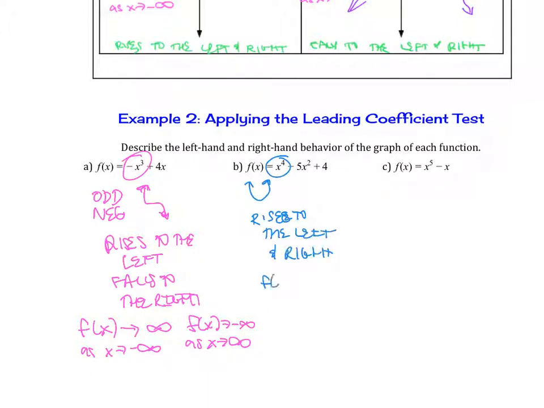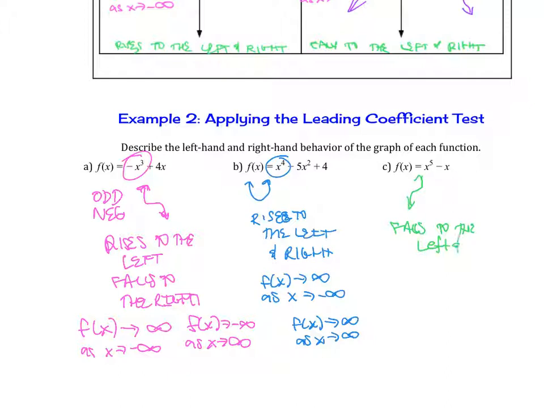Or we can say that f of x approaches infinity as x approaches negative infinity, and f of x still approaches infinity as x approaches infinity. For the last example, x to the fifth, it looks something like this. It falls to the left and rises to the right.